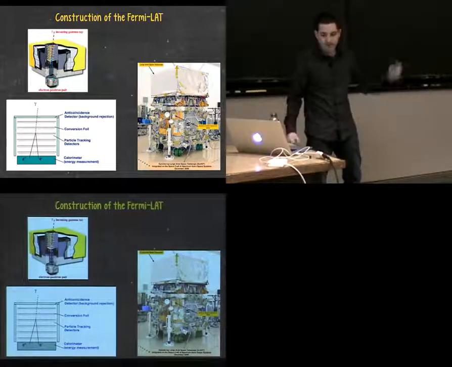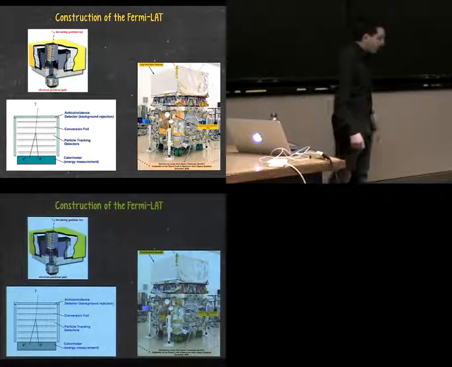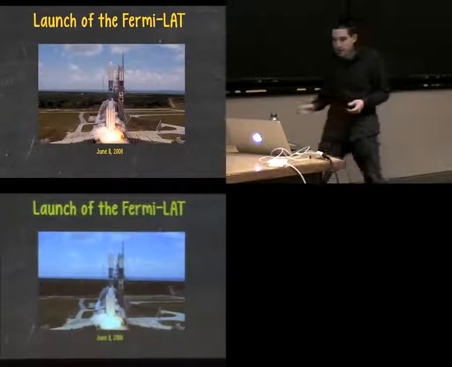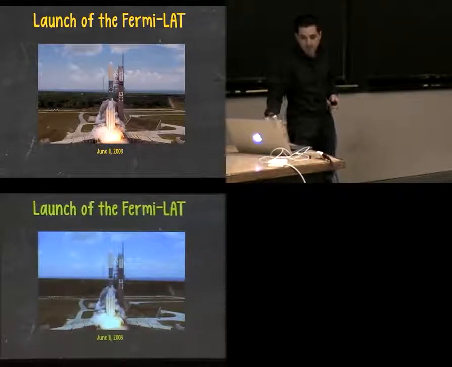This is a picture of the Fermi telescope before it got launched into space, obviously. The part up here is basically the telescope itself. This is a bunch of different controls and batteries and computers and stuff like that. This telescope was launched on June 11th, 2008 by NASA. It's still running today.